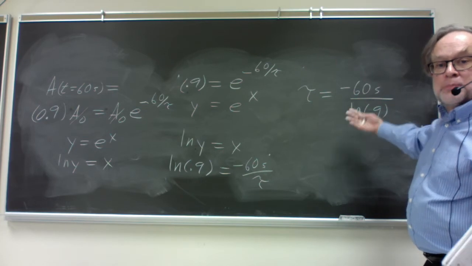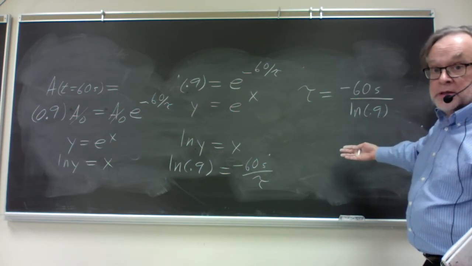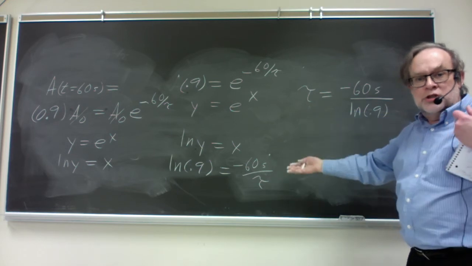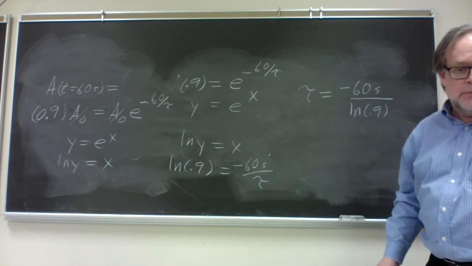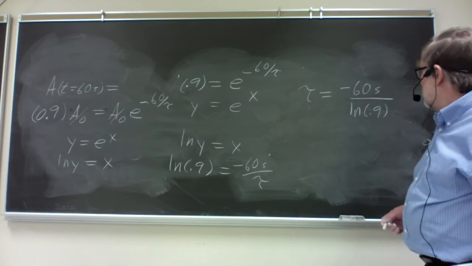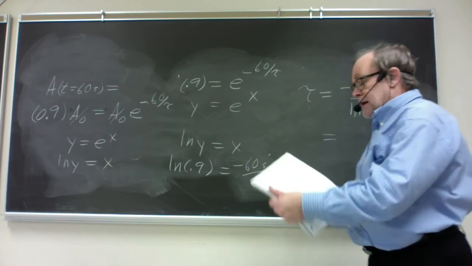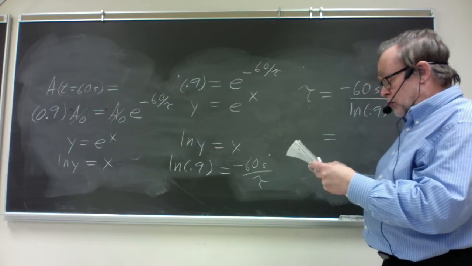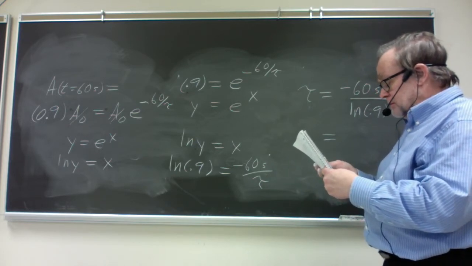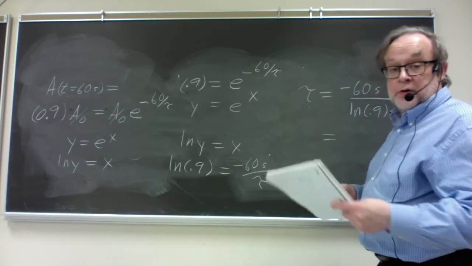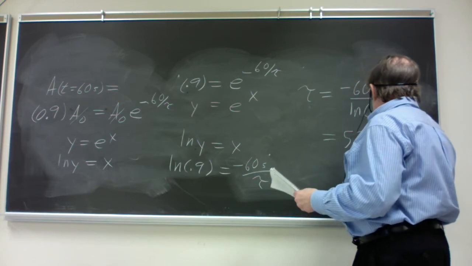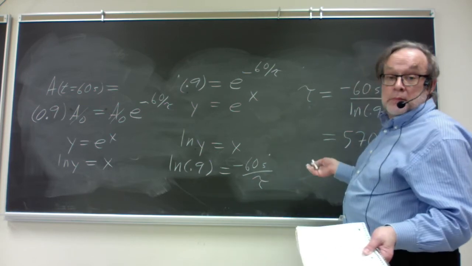That means the fraction is positive, which is just what it has to be, because this is a length of time, which is necessarily a positive number. And when you have your calculator work it out, it comes out to about 570 seconds, which is about 9.5 minutes.